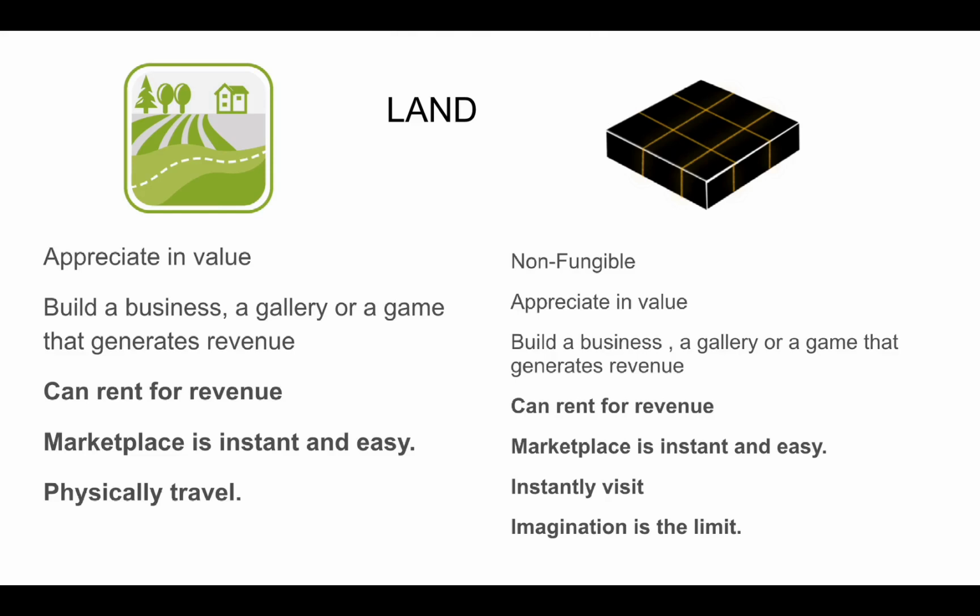You can do anything on virtual land. You can create any type of character. You can build anything on there. Your imagination is the limit. There is no limit. The marketplace is instant and easy because it's on blockchain. You could rent your land, wait for it to appreciate, buy and sell land, make profit. Super, super awesome.